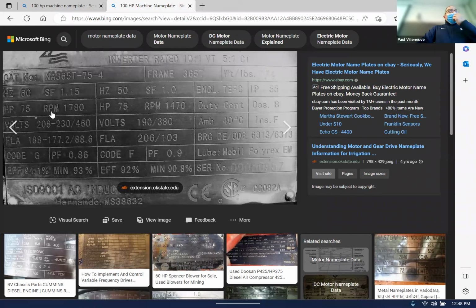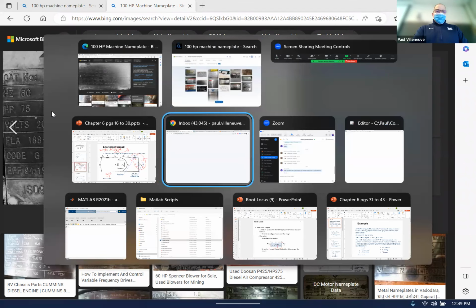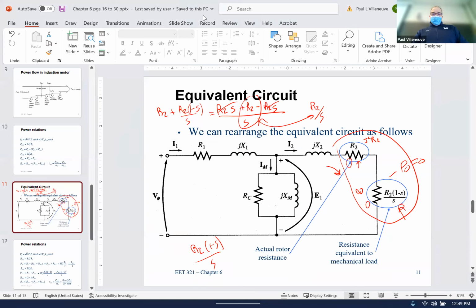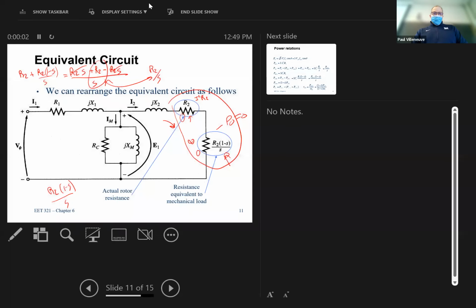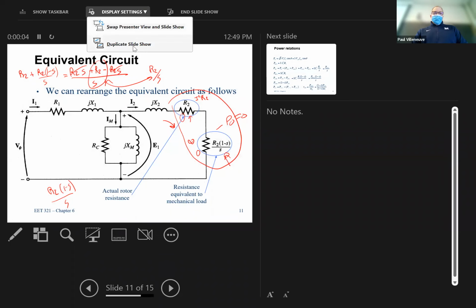But look at how close that runs to synchronous speed. If you look at this figure here, can you perhaps tell me why you want that to run as close to synchronous speed as possible?